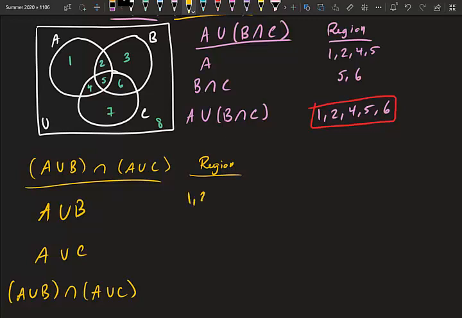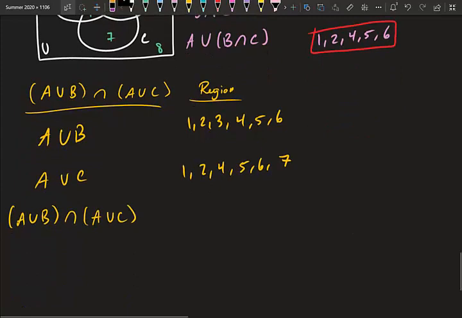So 1, 2, 3, 4, 5, 6. Everything in circle A, everything in circle B. All right, now let's do A union C. So everything in circle A, everything in circle C. We have 1, 2, 4, 5, 6, 7.